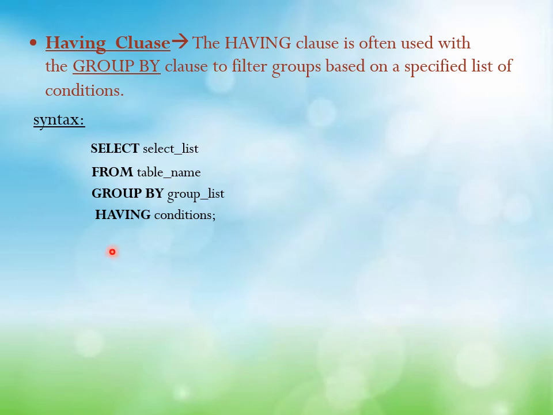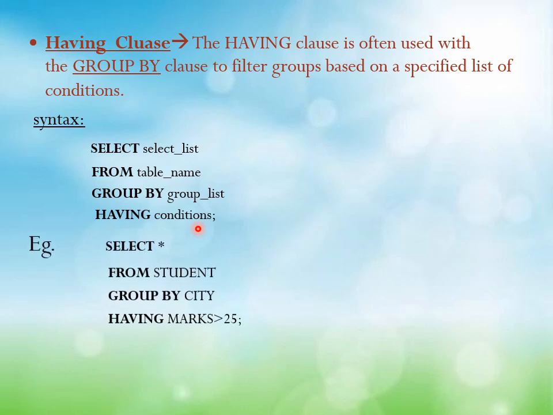So this is the syntax to apply the having clause, and this is the example. So here: select asterisk from student group by city. It will group elements city-wise having marks greater than 25.